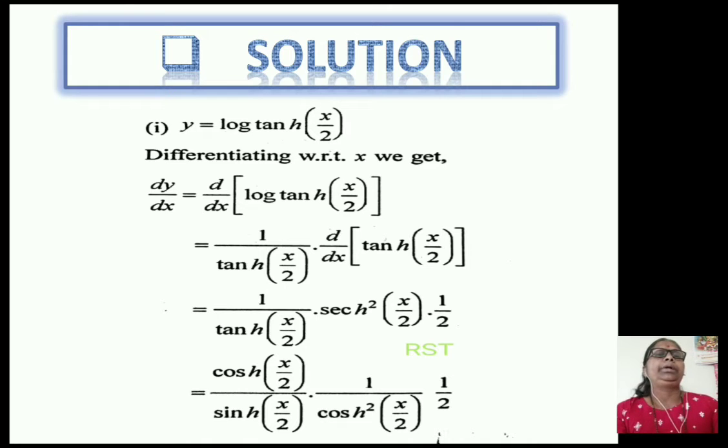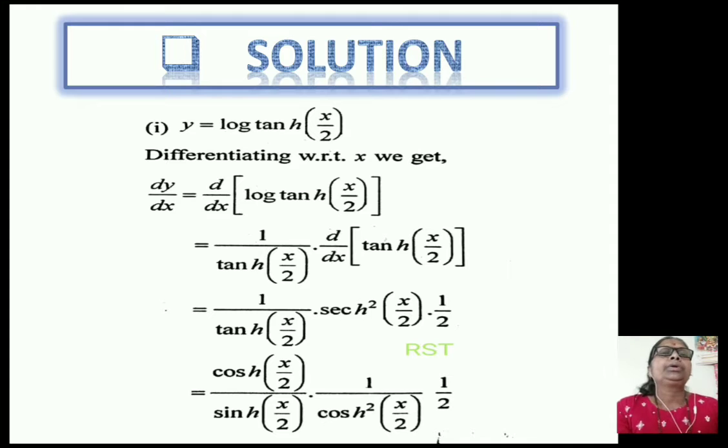Derivative of tanh is sech square, so that into sech square x by 2 into derivative of x by 2, which is 1 by 2.